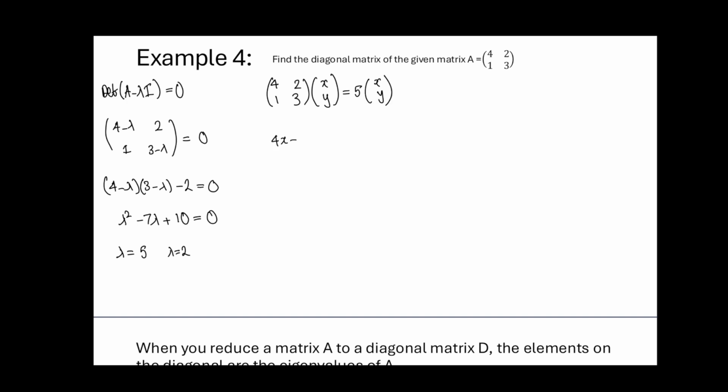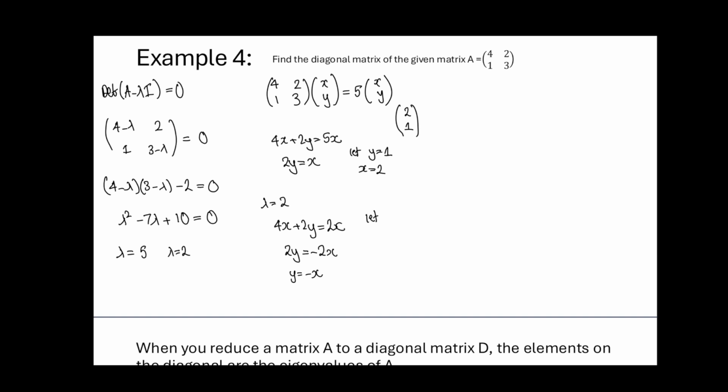So 4x plus 2y is equal to 5x, therefore 2y is equal to x. Let y is equal to 1, that means that x is equal to 2, so our eigenvector would be 2, 1. Doing the same thing for when lambda is equal to 2 will give us 4x plus 2y is equal to 2x, therefore 2y is equal to minus 2x, so y is equal to minus x.